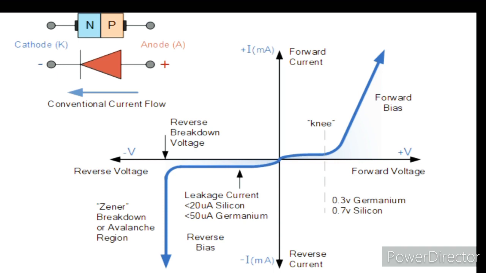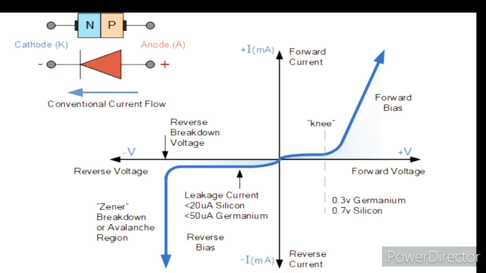Next are the characteristics of the PN junction diode. There are two characteristics: one is the forward bias condition, and the other is the reverse bias condition. In the forward bias condition, the diode acts as a conductor. In the reverse bias condition, the diode acts as a non-conductor or insulator.